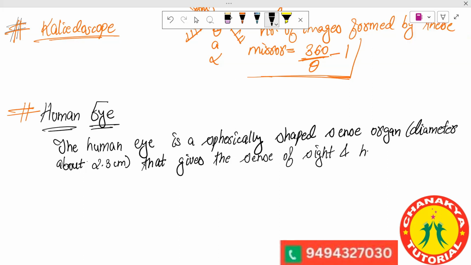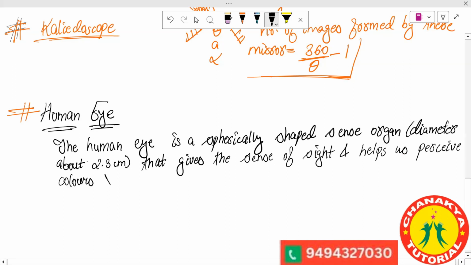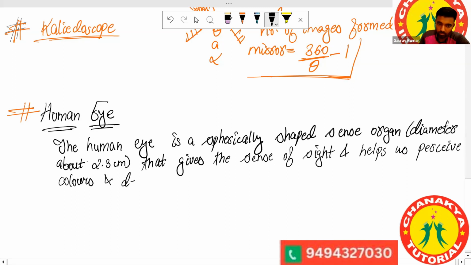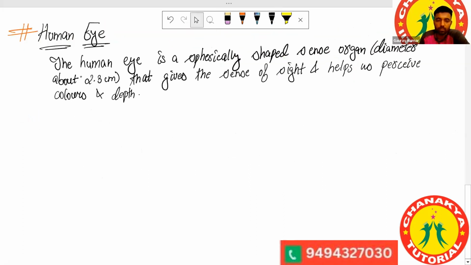It helps us see color and depth. Okay, write this thing. Color and depth. Then we will talk about what the functions are.